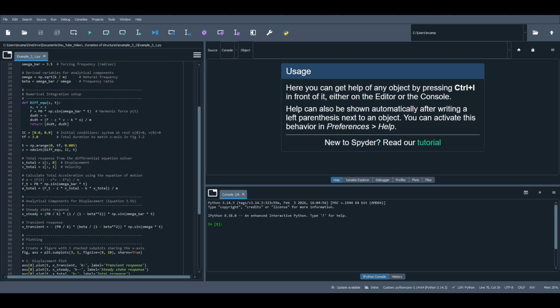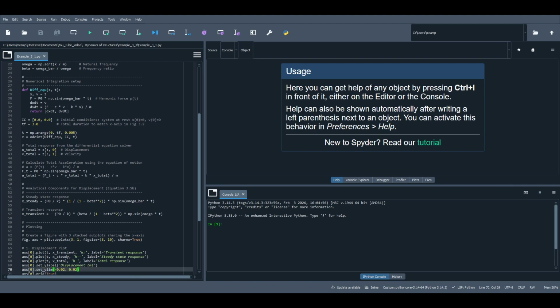So we define a time t in the range 0 to tf with the step 0.05, and we call the function with these parameters. So the total response of the differential equation solved is x total and v total, and we can calculate the equation of the total acceleration and the force applied.